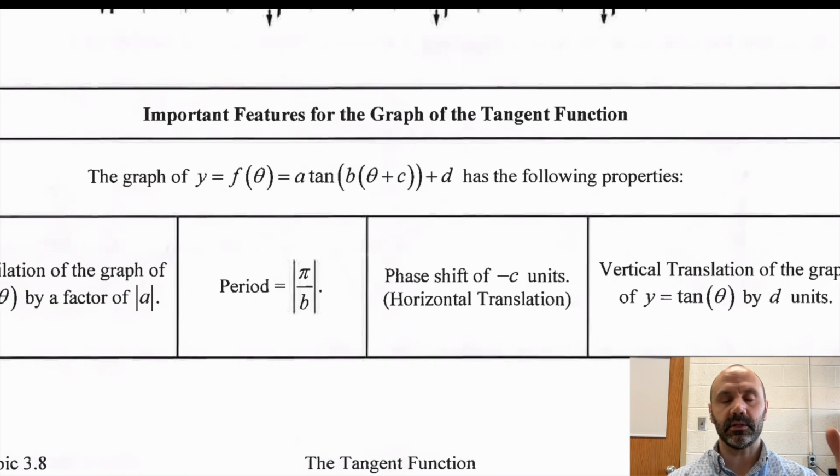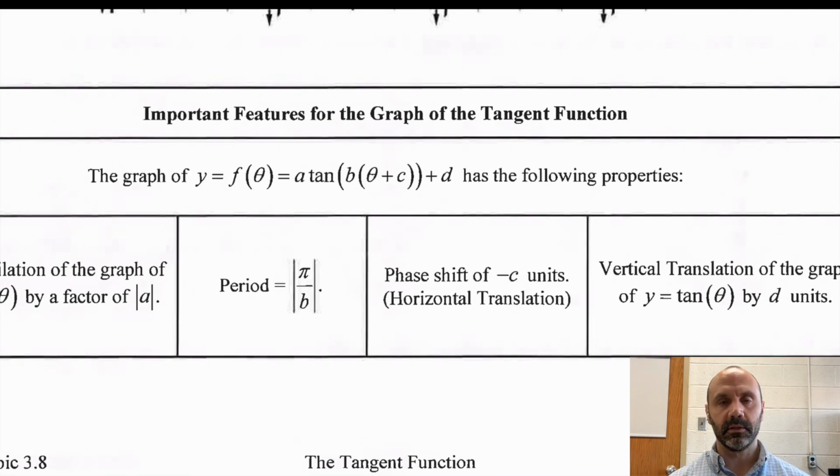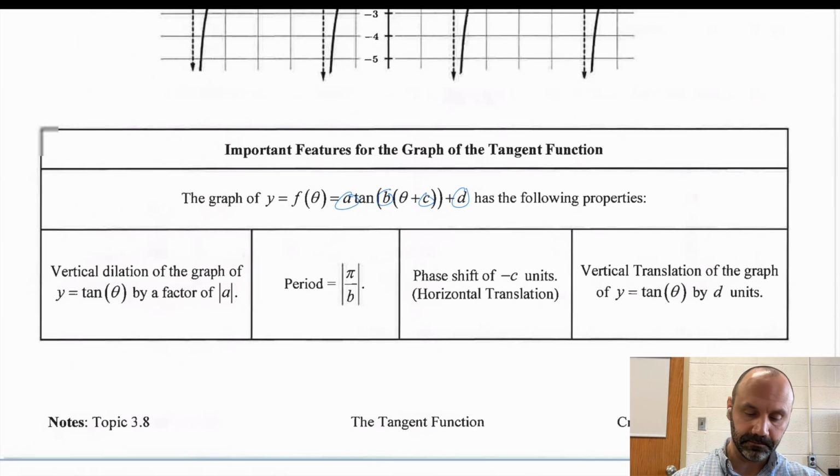Just like the sinusoidal functions, there can be these transformations that take place: vertical and horizontal translations, dilation, and so on, which are all dictated by A, B, C, and D as they appear in this form.